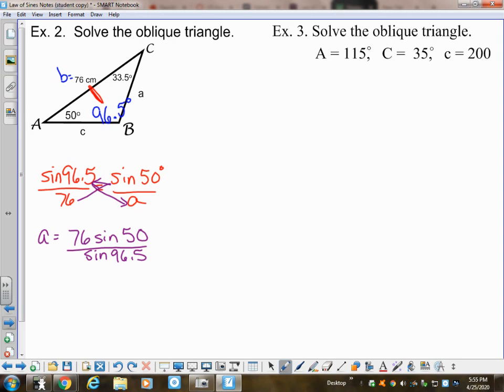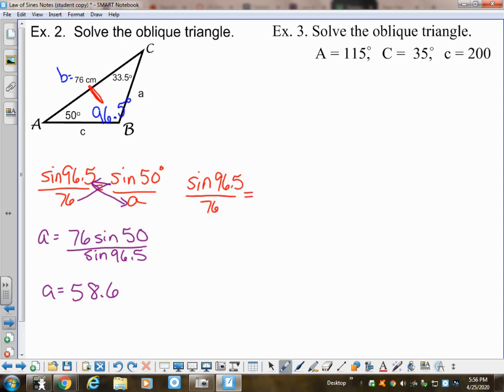I'm just doing the two steps all in one. So there is my equation. I'm going to plug it into my calculator, and I end up getting 58.6.